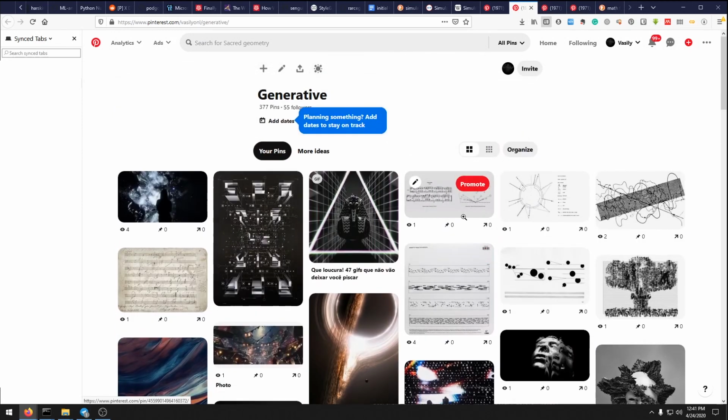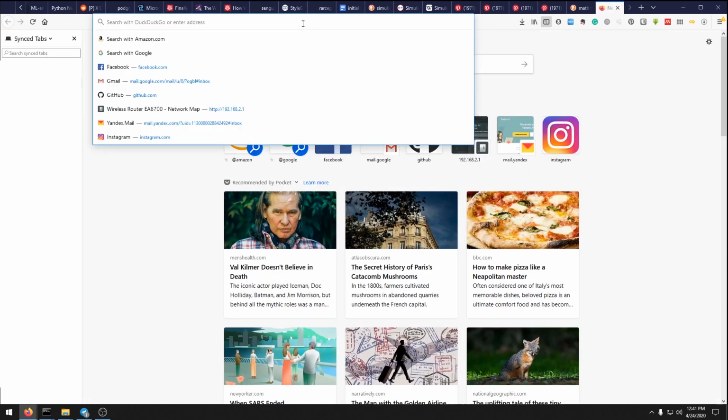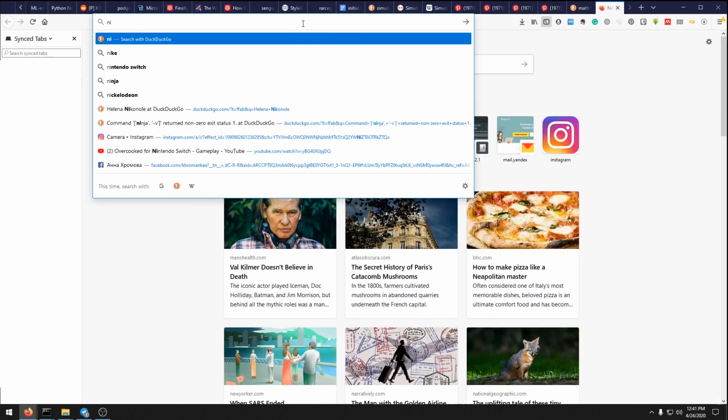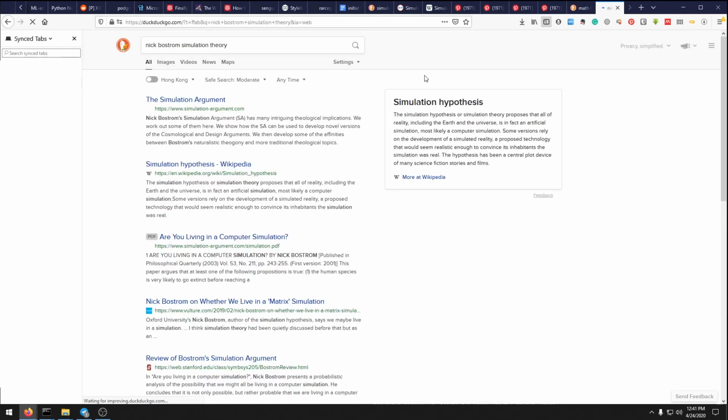So, back to the theory. Each of us is living in a simulation. The second theory I suggest you read is Nick Bostrom's simulation argument.